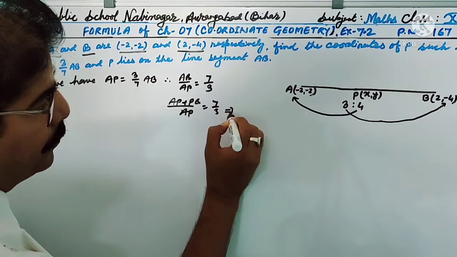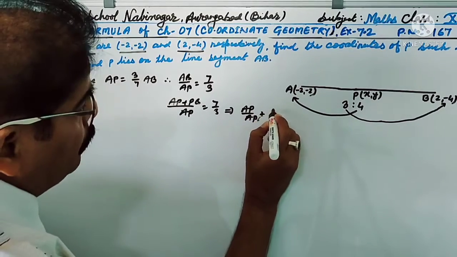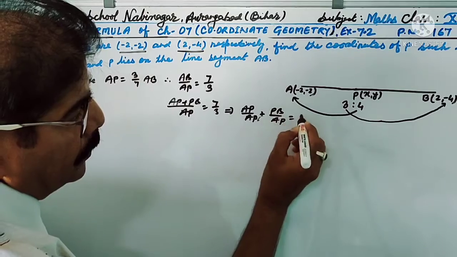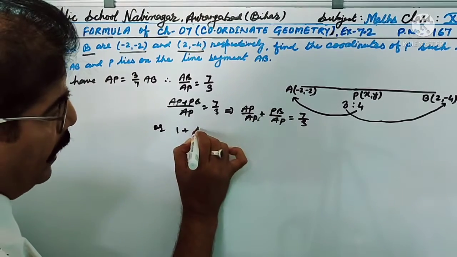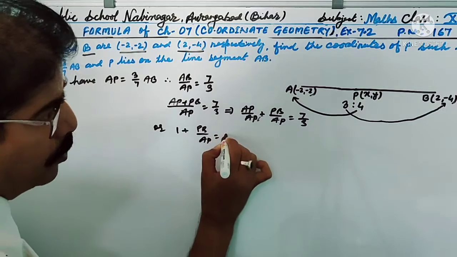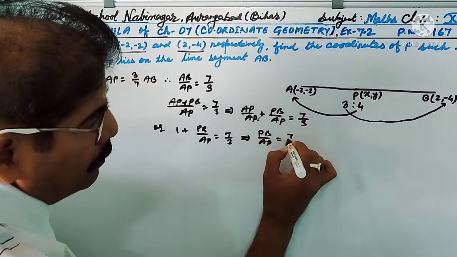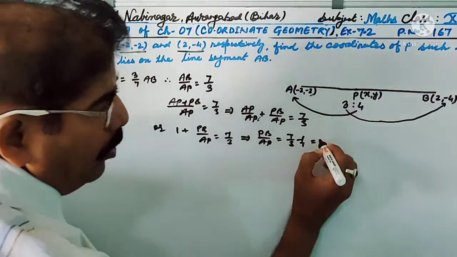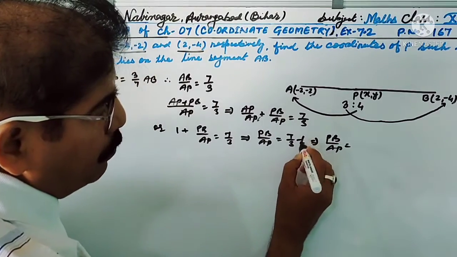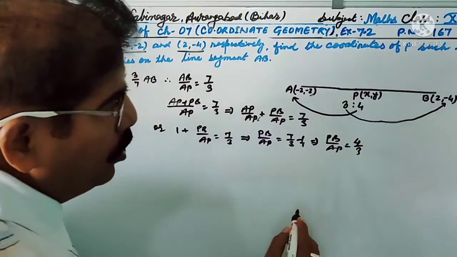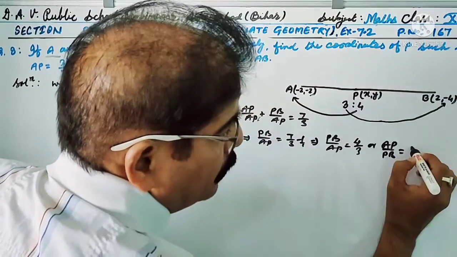So (AP + PB)/AP = 7/3, or AP/AP + PB/AP = 7/3, that is 1 + PB/AP = 7/3. Therefore PB/AP = 7/3 - 1, or PB/AP = (7 - 3)/3 = 4/3. So AP/PB = 3/4.